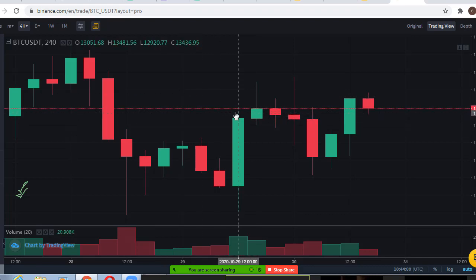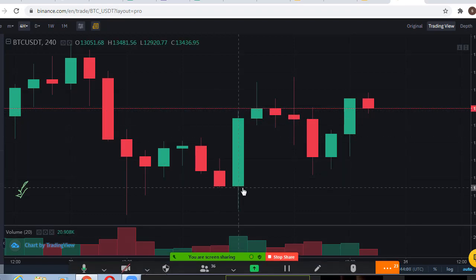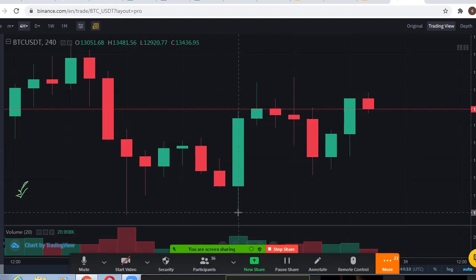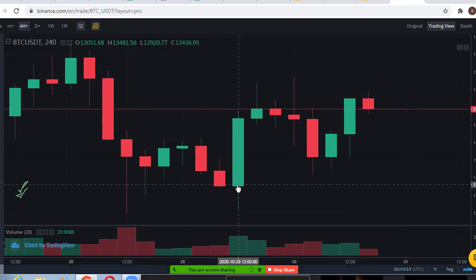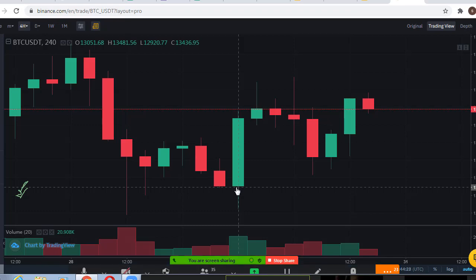That means price came to this very level, but closed at this level. In this case, price came to this level. This is where it opens, but price reaches here, goes back, and closes here. I repeat again, this is where this candle opened.